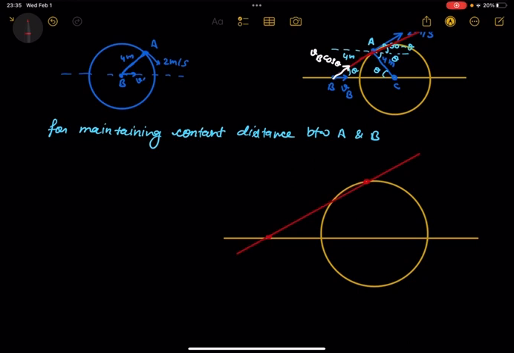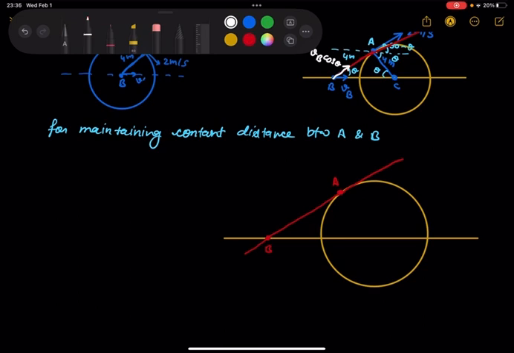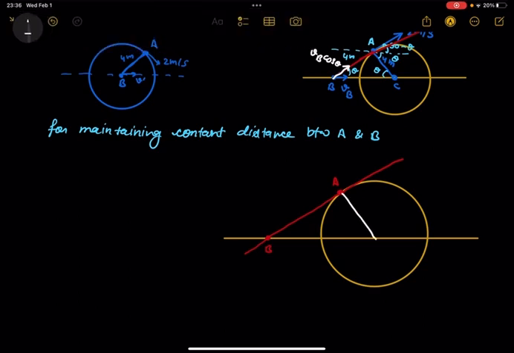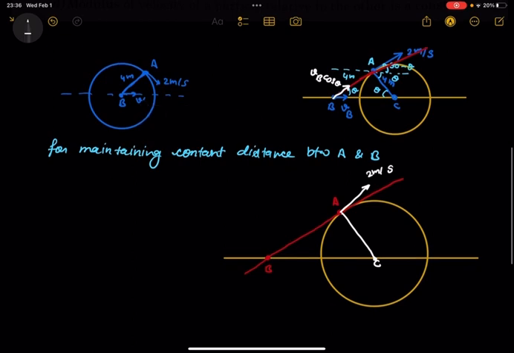This is point A and this is point B, and this is the line joining A and B. A is moving in a circular path with center C, perpendicular to the radius, with a speed of 2 meter per second, and B is moving here with the speed VB. Of course, I'm assuming this angle is theta, so this is also theta.